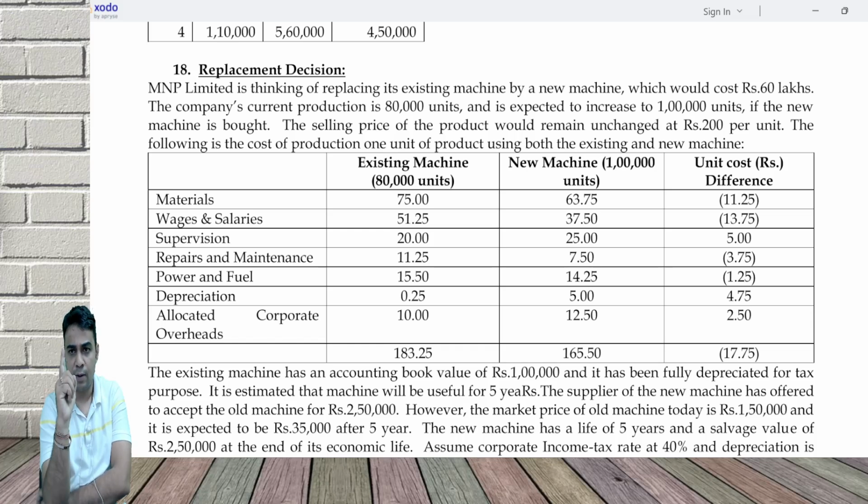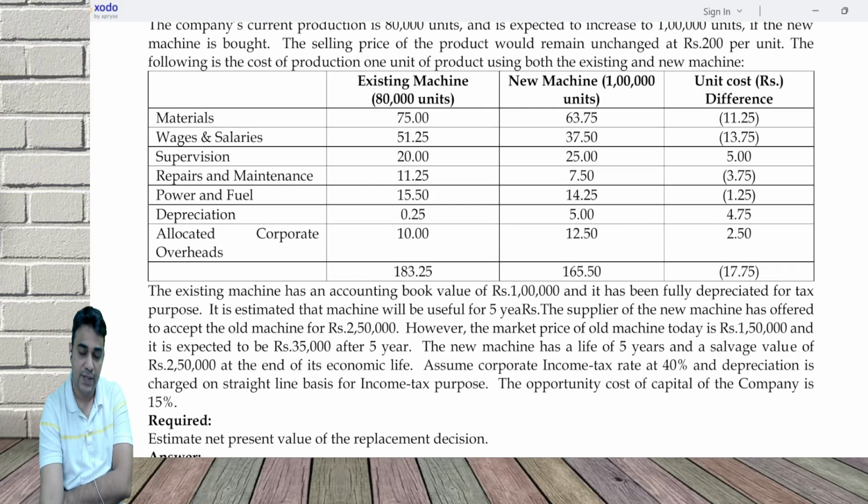Okay, my first requirement: I want you to calculate NSV of the old machine and tell me sale value, book value, capital gain, capital loss, tax paid, tax saved, and NSV. First requirement from your side, please do that calculation.